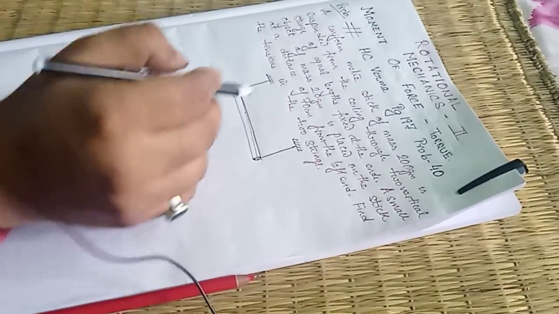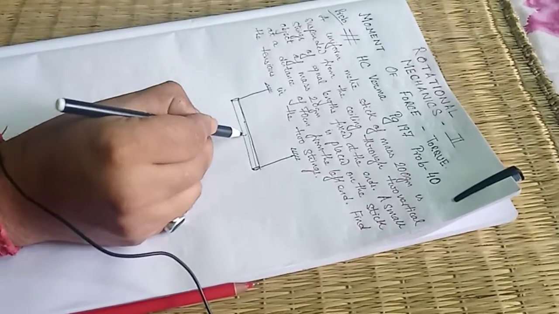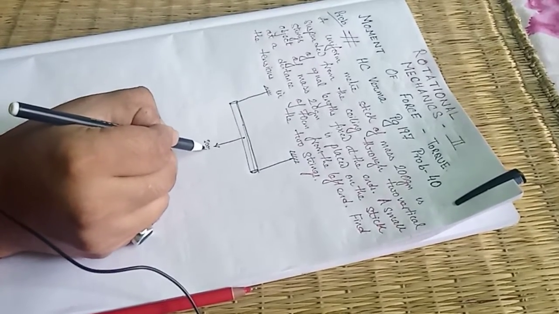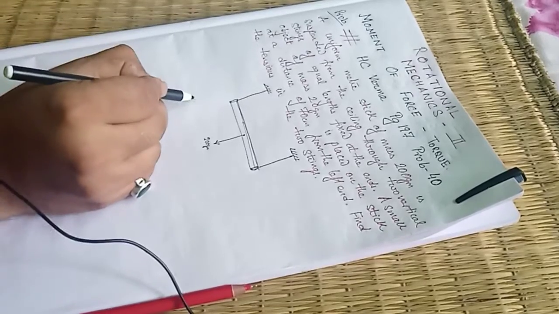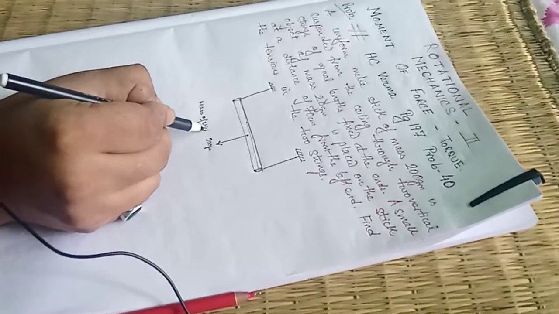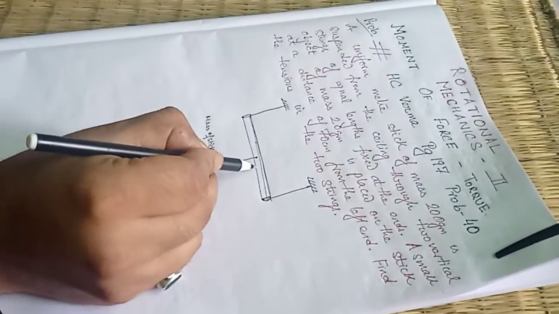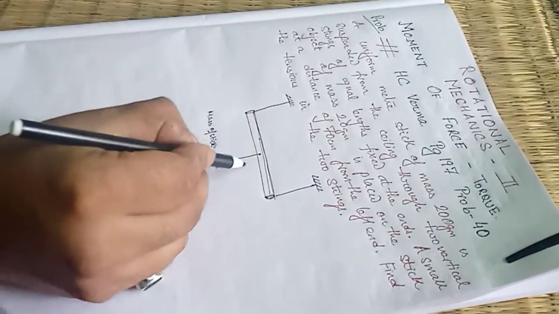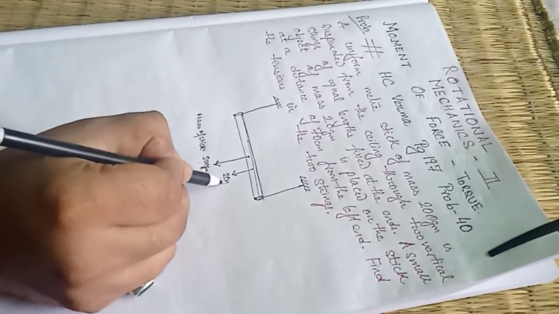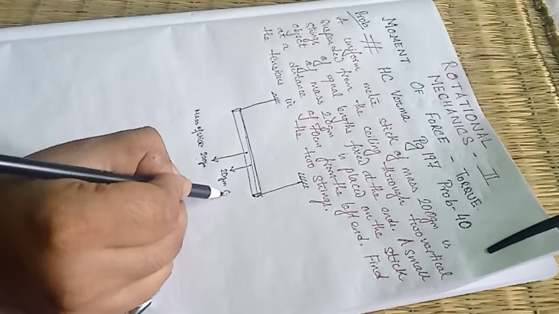It has a certain mass, that is 200 grams. This is the mass of the stick, and another mass of 20 gram is hanging from it. This is the mass of the object.